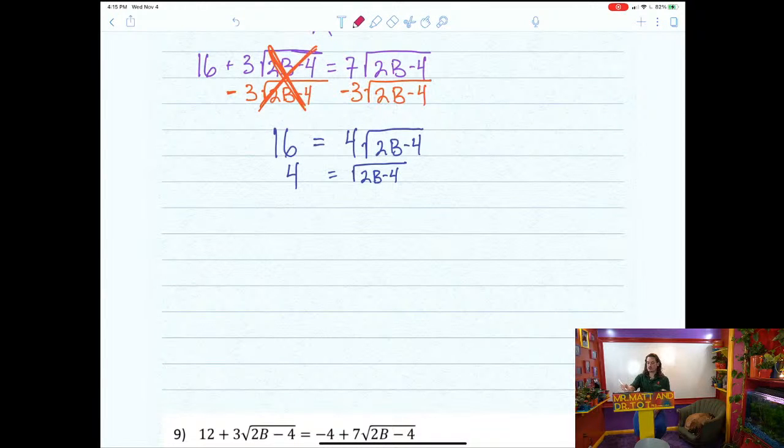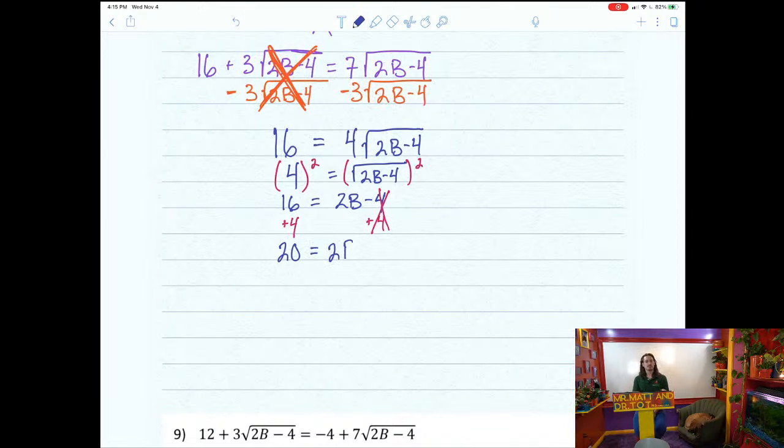Now I'm going to get 16 is equal to 2b minus 4. Adding 4 on both sides will cancel out the 4 on the right. And now I'm going to have 20 is equal to 2b. So I can divide by 2 and find that b has to be equal to 10.